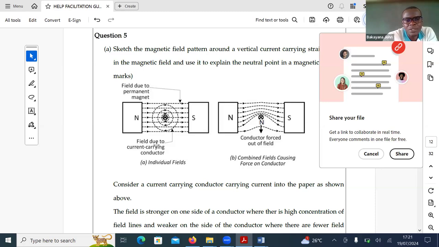So above it will add up. Under the conductor, one field is going to the right, but the field due to the conductor is going in the opposite direction. So there will be cancellation of magnetic field lines. The cancellation is what brings about the neutral point. So the force will always act from the stronger magnetic field, pushing the conductor to the side of the weaker magnetic field. Is that okay?